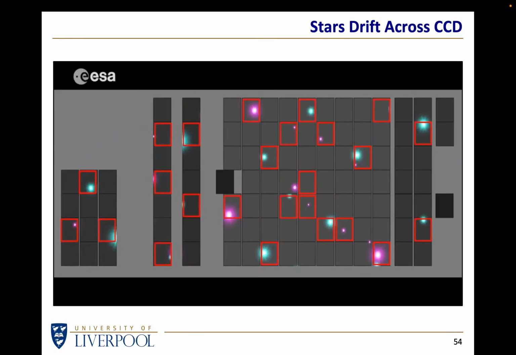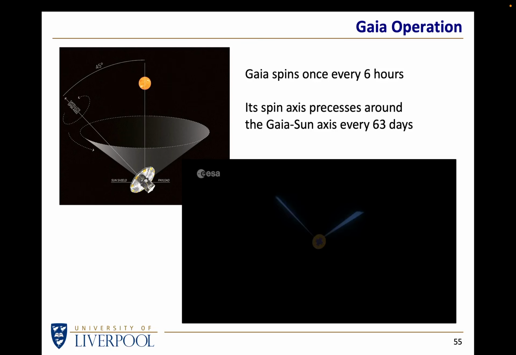So it records the same star hundreds of times. So even though it's only giving something like microsecond timing accuracy for each CCD, it's ending up with many hundreds of measurements, which of course means that the average speed at which a star is moving, and hence knowing how Gaia is spinning, the precise position of those stars in the sky can be determined very accurately.